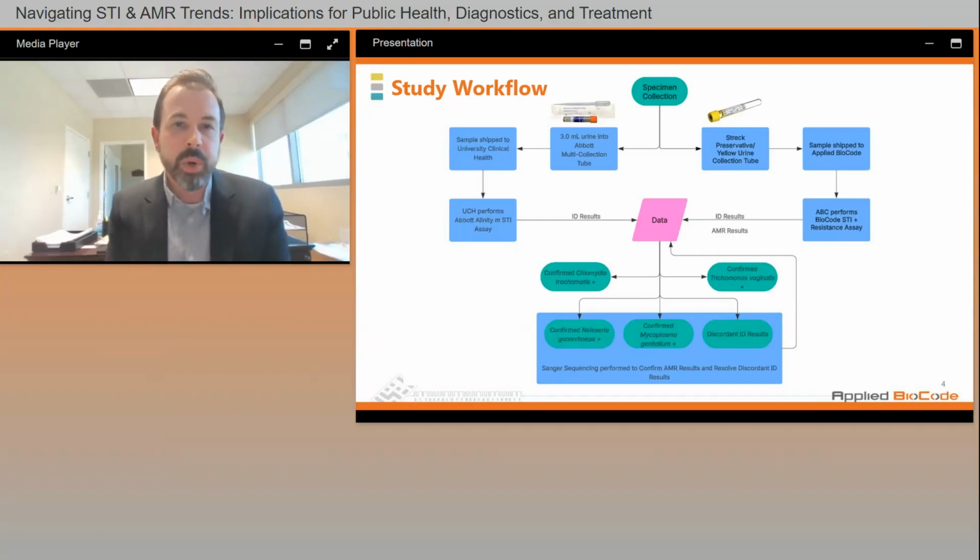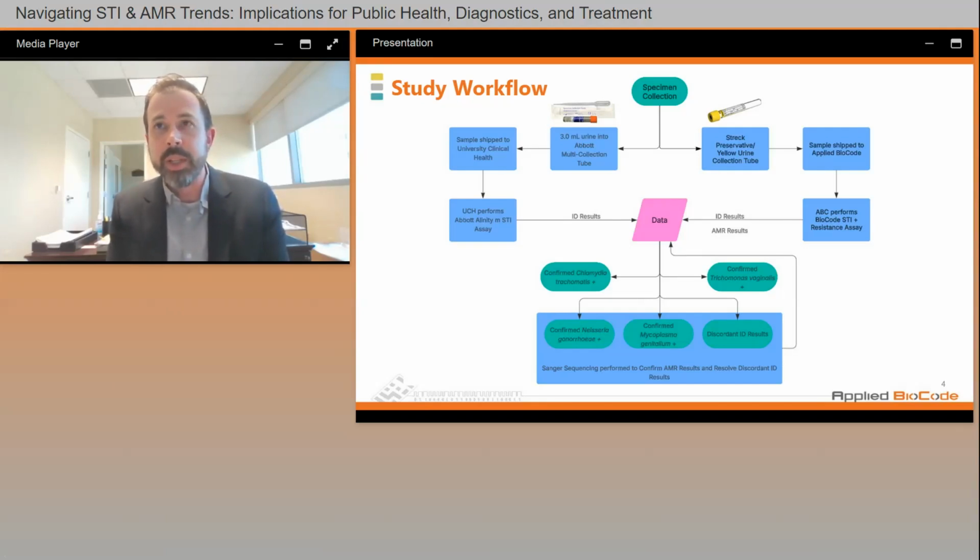The results from both sites are shared back with Applied Biocode and the Access collection sites. In any scenarios where we have agreement, with matching results between chlamydia, gonorrhea, trichomonas, and mycoplasma, those results are logged back in the database. But any discordant samples are resolved via Sanger sequencing by a third party. So that's our tiebreaker.